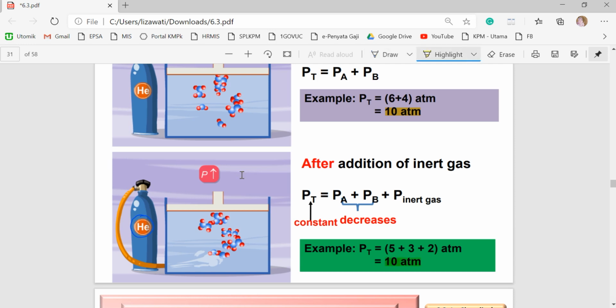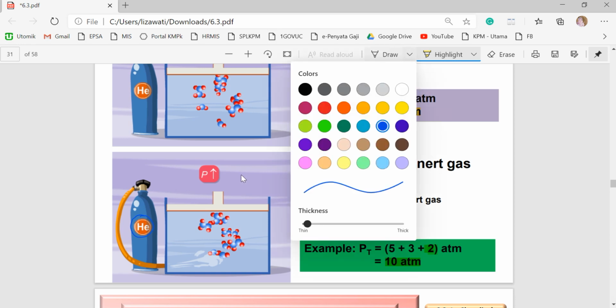Let's say the pressure of the inert gas is 2 atm. Therefore, the partial pressures of A and B will decrease in order to keep the total pressure constant at 10.